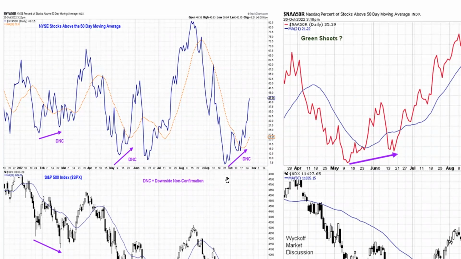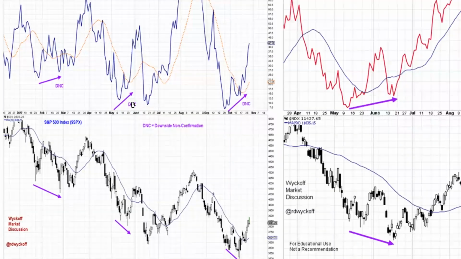Note that historically in January, February, green shoots resulted in a rally. We had green shoots in May, which resulted in a rally attempt. And then we had the important July, August rally, which showed up more in the NASDAQ green shoots indicator.